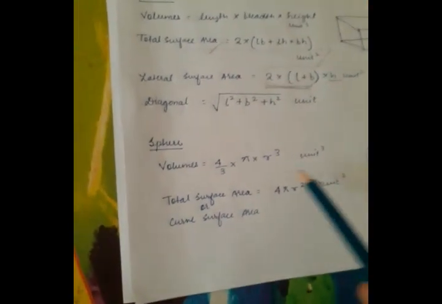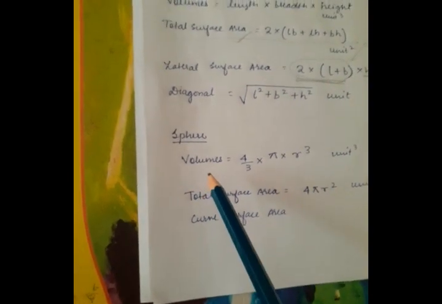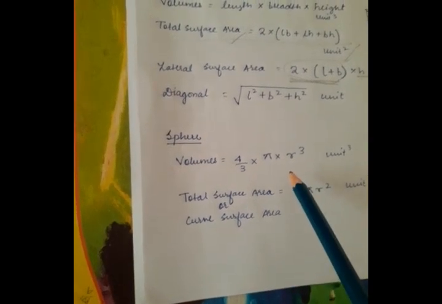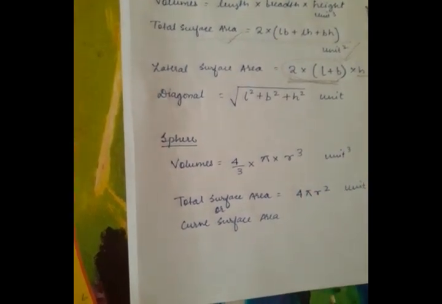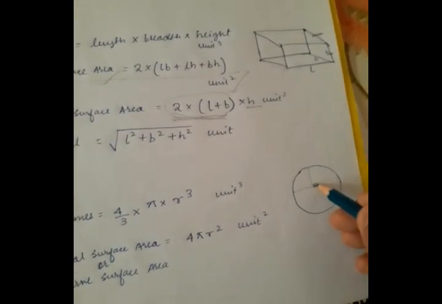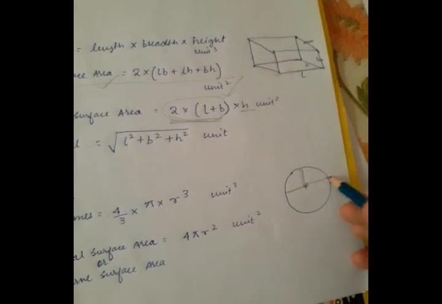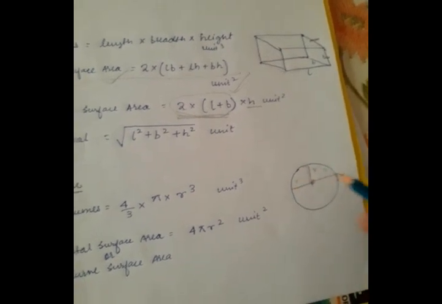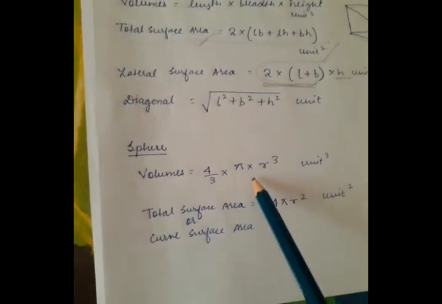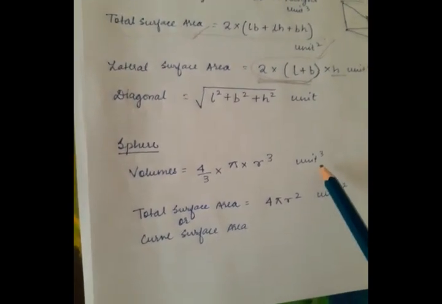Generally the volume is 4 by 3 pi r cube, because all the dimensions are the same; r is the radius, in three directions, so the formula is deduced as 4 by 3 pi r cube unit cube.